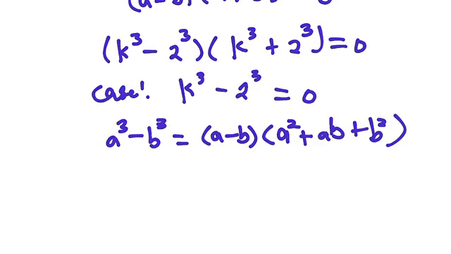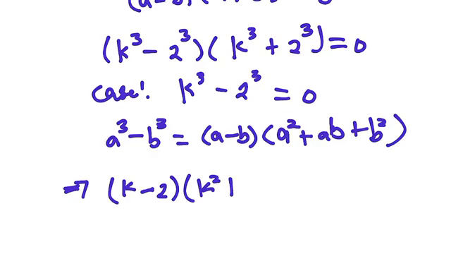So what is our a? Our a is k, so using that, we're going to have k minus 2 into bracket k squared plus 2k plus 4, which will give us 0.